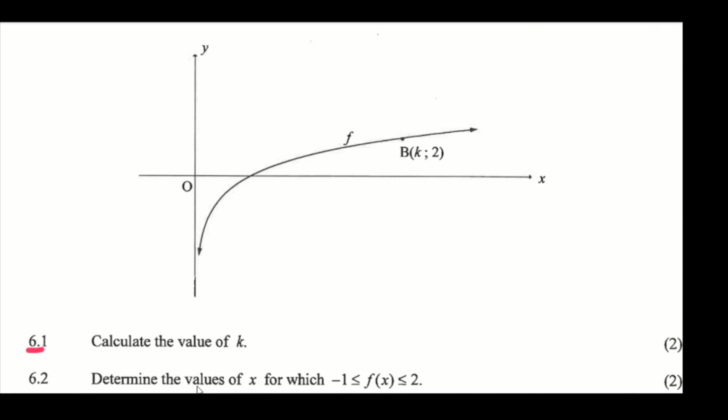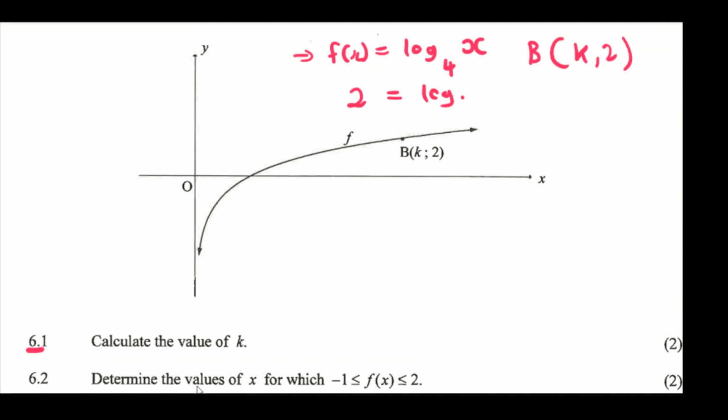So we're having our function f(x) equals log base 4 of x, right? And the point B is (k, 2), right? So we can substitute the value of 2 here to find the value of k. So we're going to say 2 equals log base 4 of x, right?